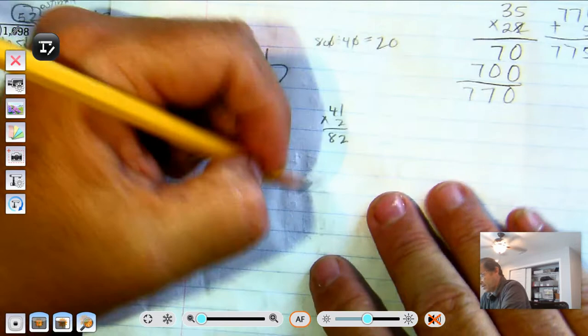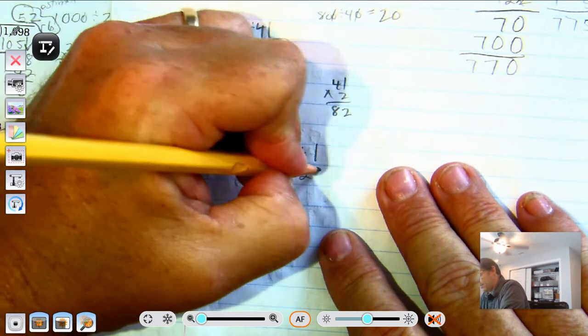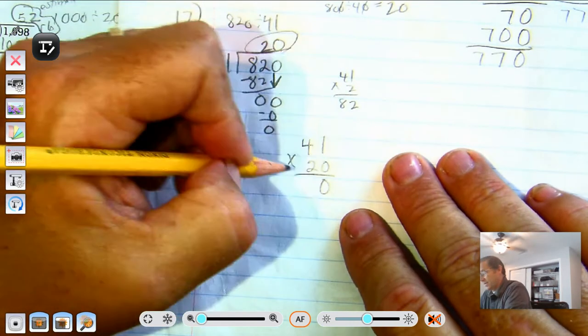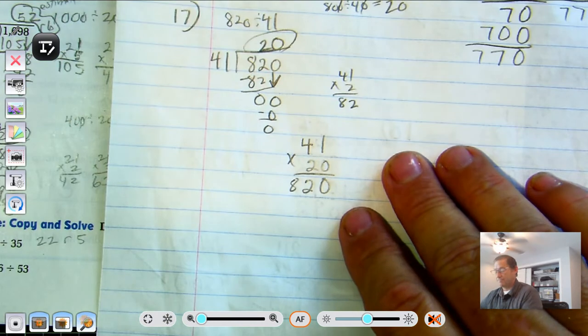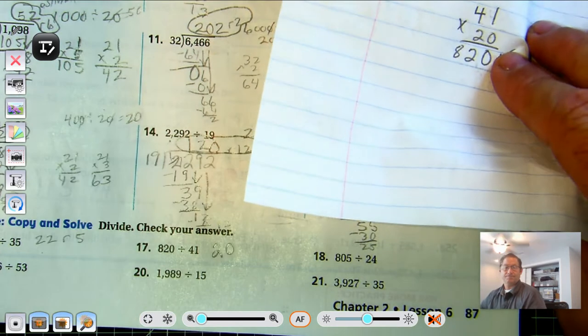Let's check it. 41 times 20. We know the product's going to end in a 0. 2 times 41 is 82, so 820. That matches. So our answer is 20.